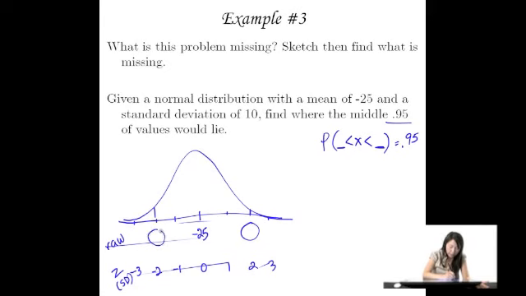What are these values? Now, we know that the standard deviation is 10, so each of these little jumps are worth 10, right? So let's go out 2 jumps from negative 25. So that would be negative 35, negative 45 on this side. And if we go in the positive direction, it would be negative 15, negative 5.